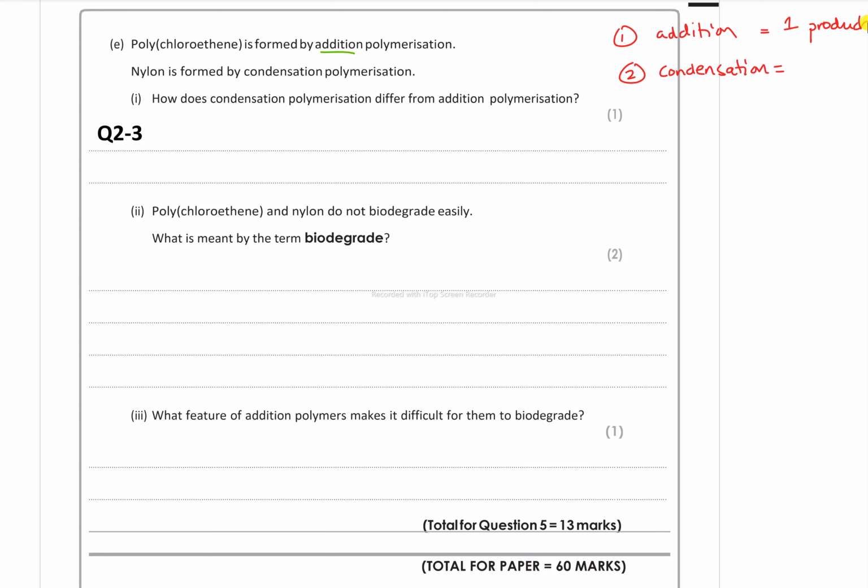Normally you get a little molecule that's lost, so it's condensed. Oh, how do we answer that? A small molecule is lost, or you can say more than one product is formed.